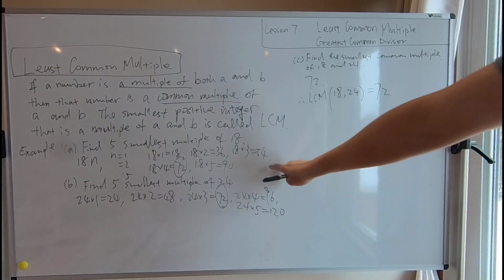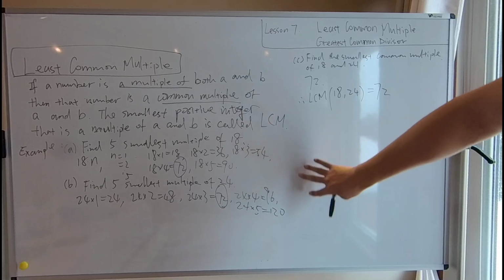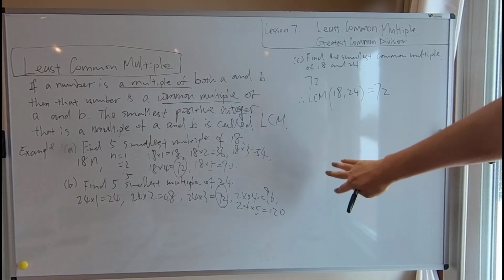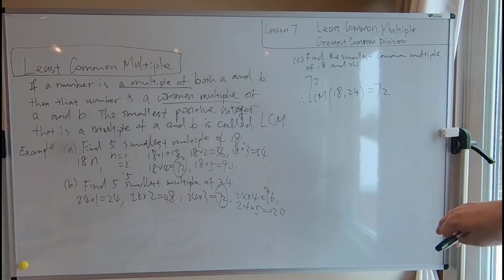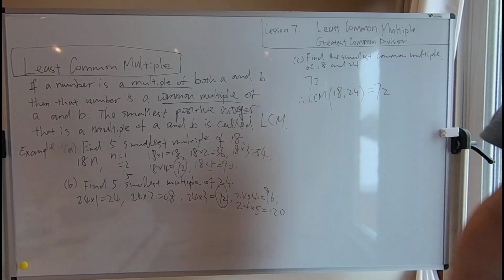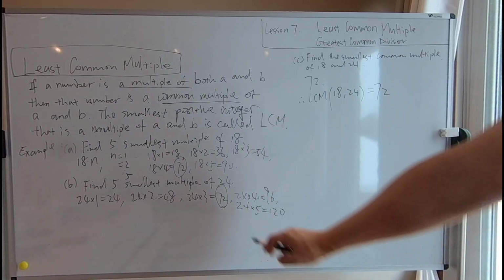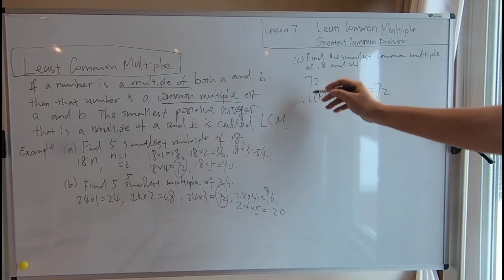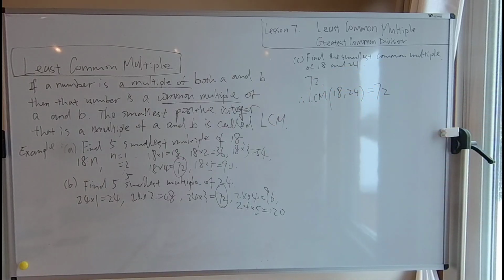If you keep listing all the multiples, you will still find other common multiples later with a greater value. But as I just expressed, the smallest common multiple is a unique solution, which is 72 in this example.